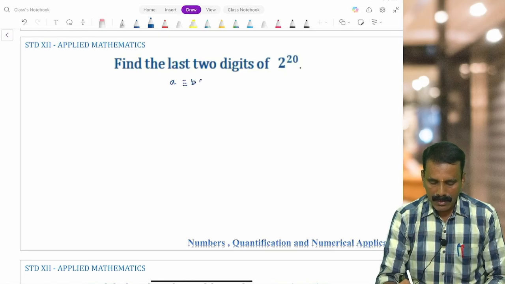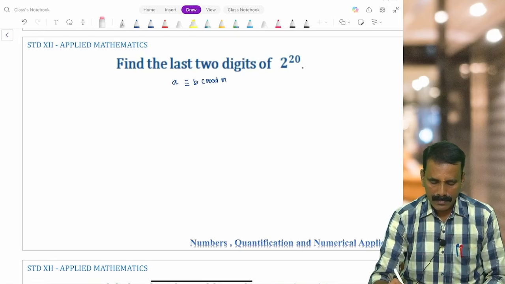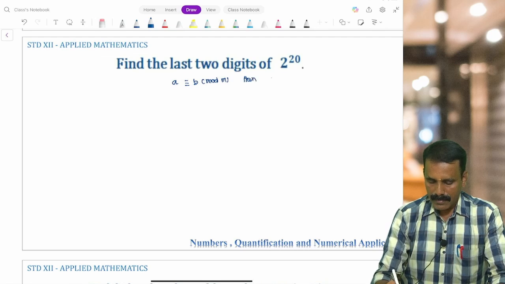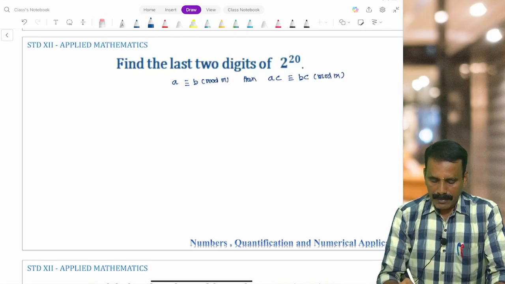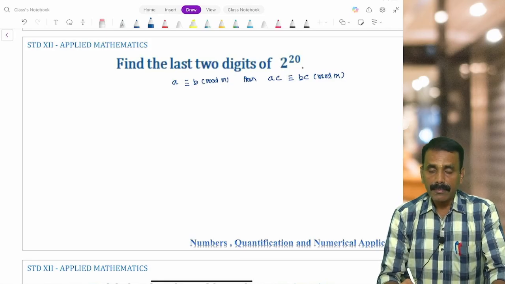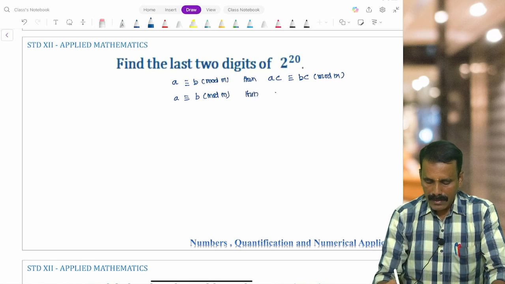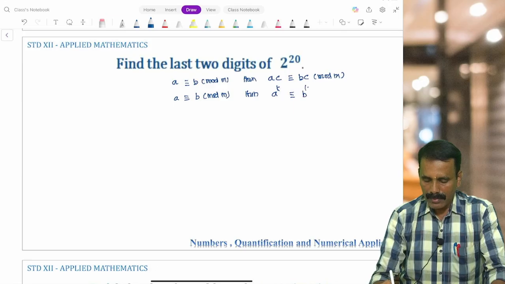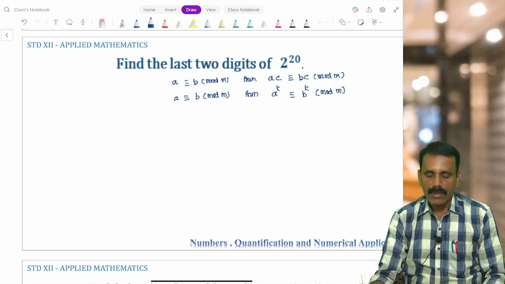If A is congruent to B mod M, then AC is congruent to BC mod M. And the next property: if A is congruent to B mod M, then A power K is congruent to B power K mod M. With these two properties, we are going to find the last two digits of 2 power 20.